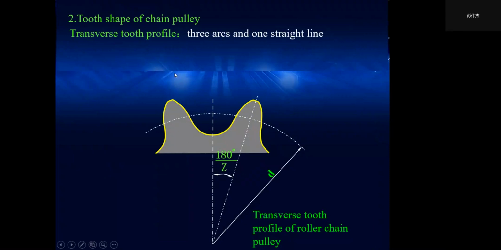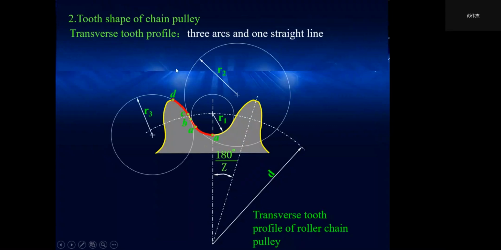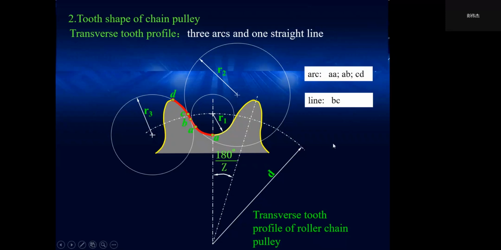The transverse tooth profile includes 3 arcs and 1 straight line: the arcs AA, AB, and CD, and the line BC.